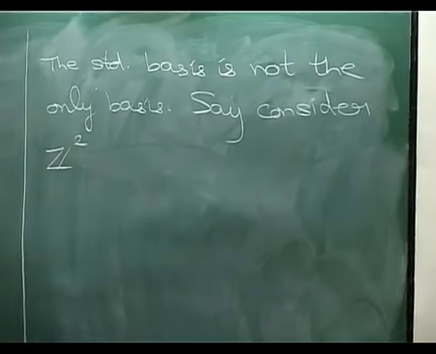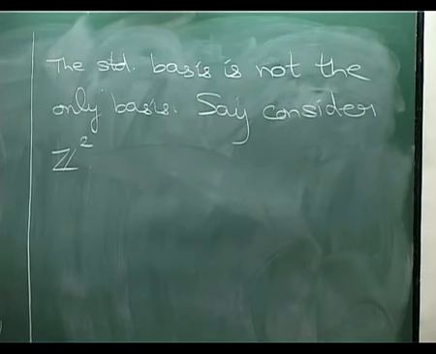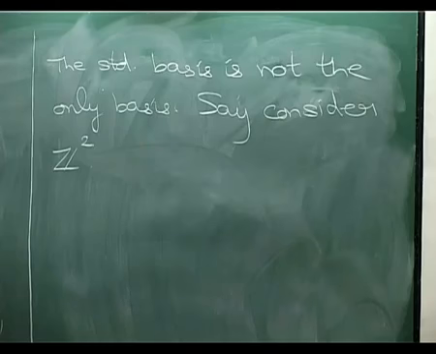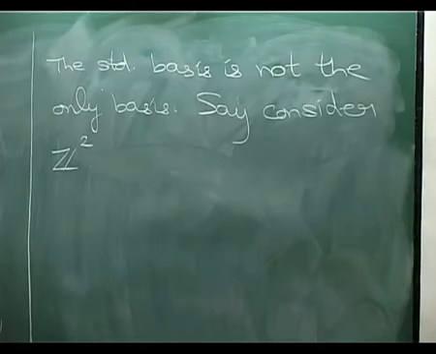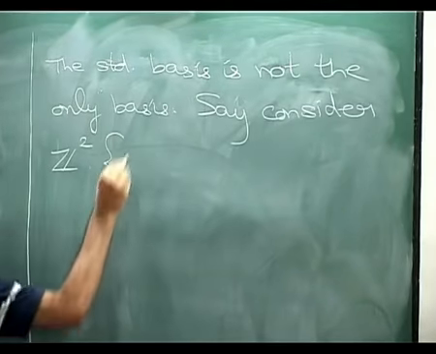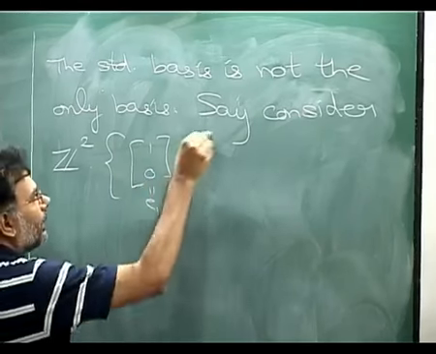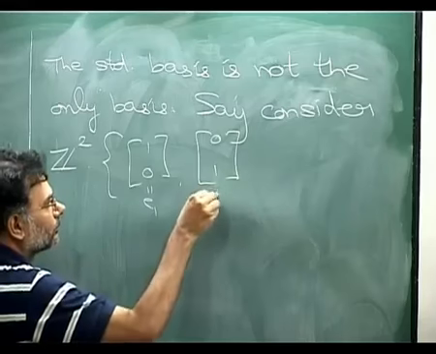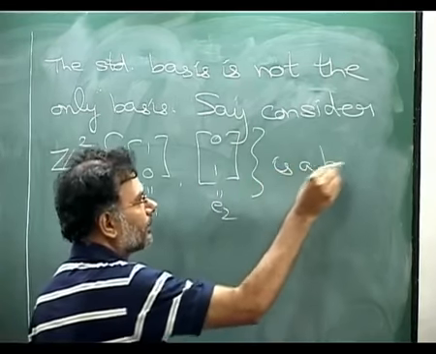Z2 is column vectors of size 2 with entries in Z. We know that (1, 0) and (0, 1), that is E1 and E2, is a basis.